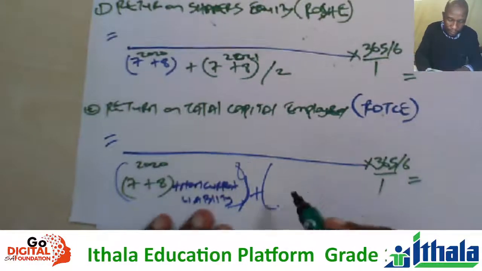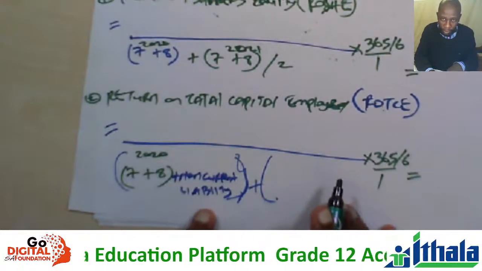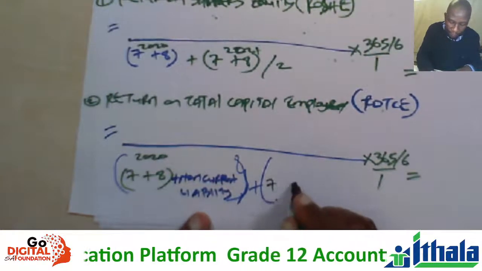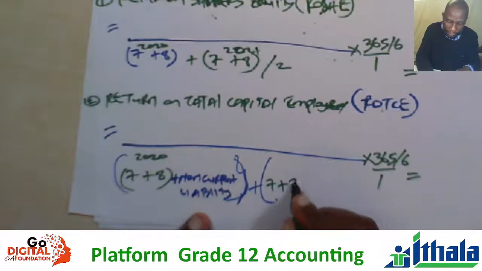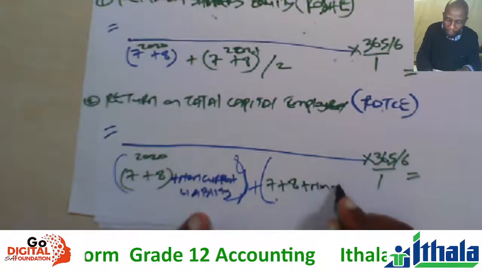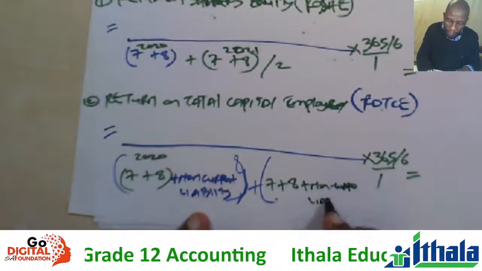So u2021, right? Remember, in non-current liability, it's a loan or mortgage bond or mortgage loan. So 7, note number 7, that is the ordinary share capital, plus note number 8, that is retained income, plus non-current liability.